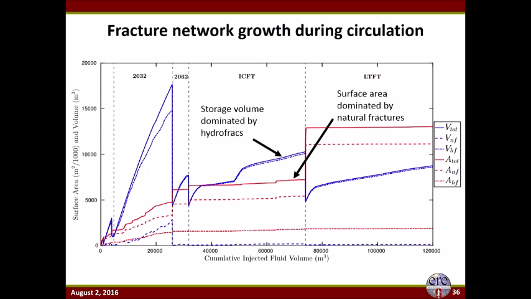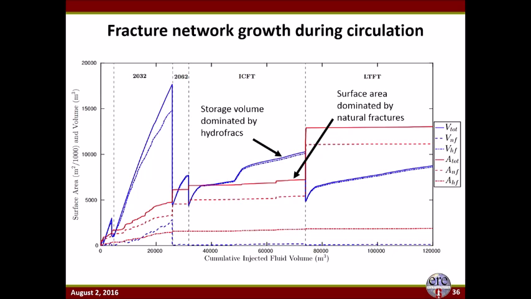Furthermore, what's really interesting about this plot, I think, is that I've separated both the surface area and volume into the components that are related to hydraulic and natural fractures.